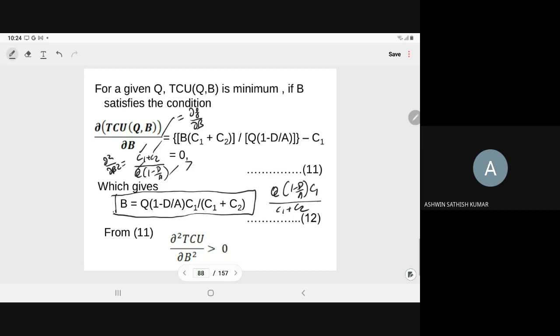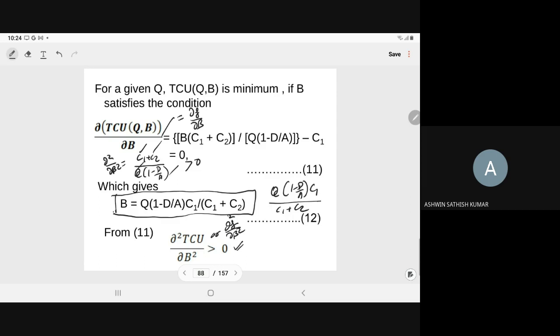So this implies that del 2F upon del B2 is greater than 0.